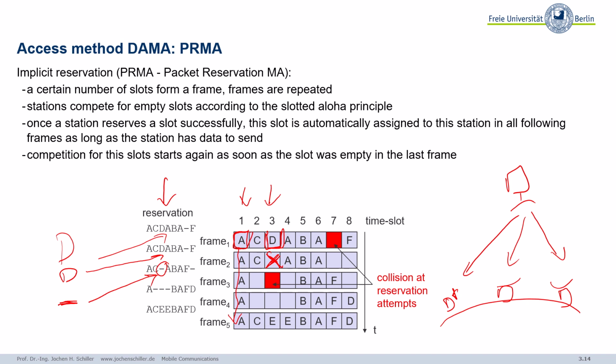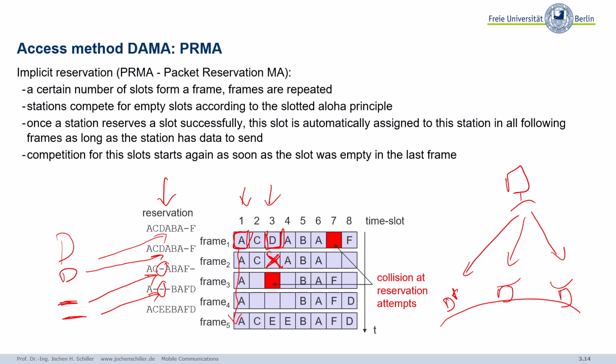So they compete, try to access, and this is a mean example, a collision happens at the satellite. None of the ground stations recognizes this collision but the satellite. So how does the satellite tell the ground stations that there was a collision? Well, the satellite again signals in the reservation list that no one was successful.